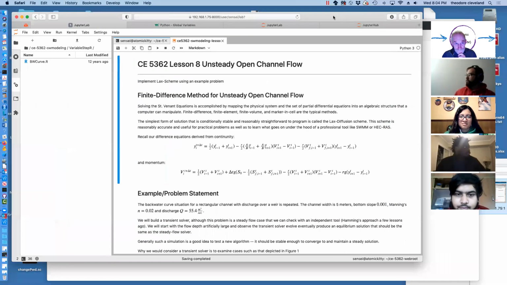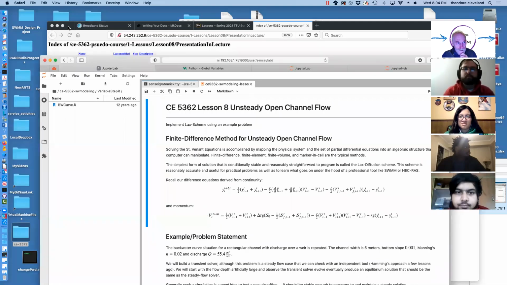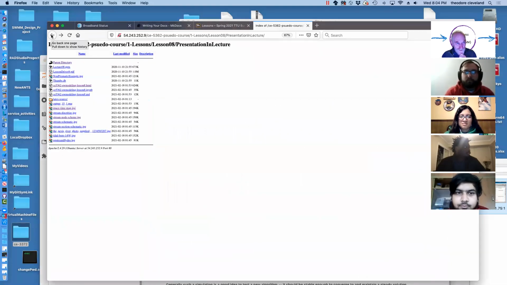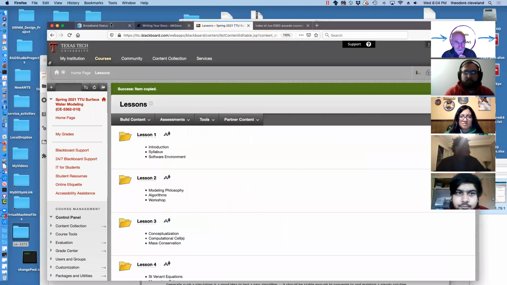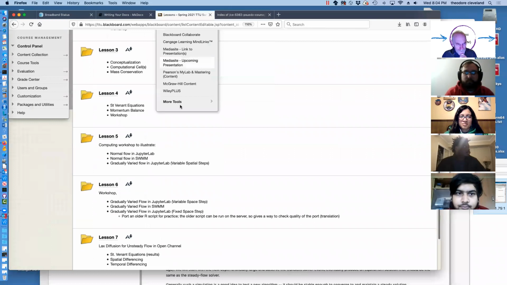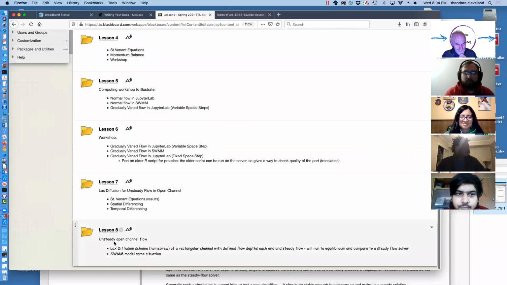I will simulate going back to, oh, there's Blackie the board. So I've called this lesson 8, Unsteady Open Channel Flow. We're going to go through a homebrew scheme in a rectangular channel.